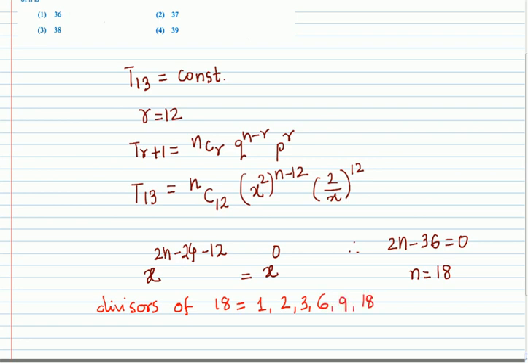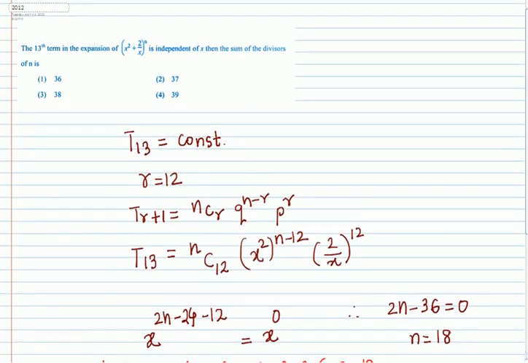And if you take the sum, 18 plus 9 is 27, 33, 36, 38 and 39. The sum of all the divisors is 39, which is the right answer. Okay, the sum of all divisors in this case is 39. Clear? Go for the next problem.